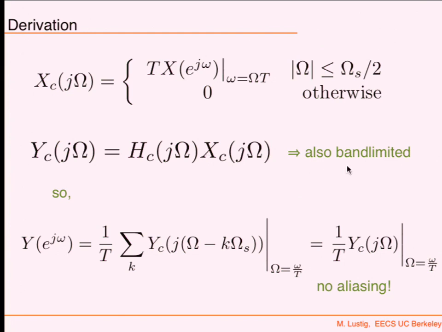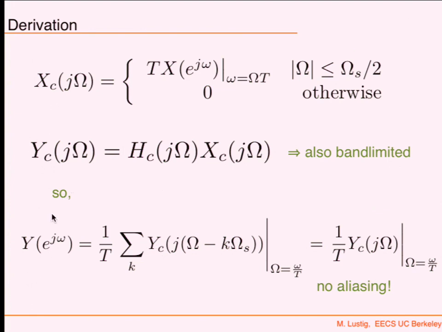That has to be band limited, because if this has zeros outside of a certain bandwidth, then no matter what H_c(jΩ) is, it could have an infinite support, but once you multiply with the signal that is band limited, the multiplication is band limited.